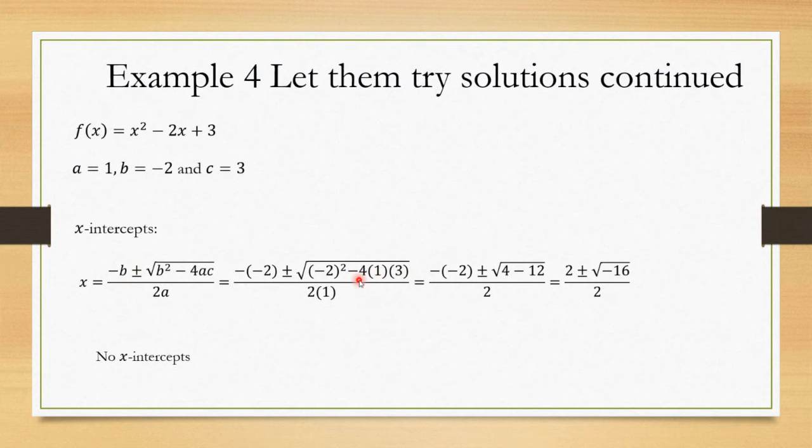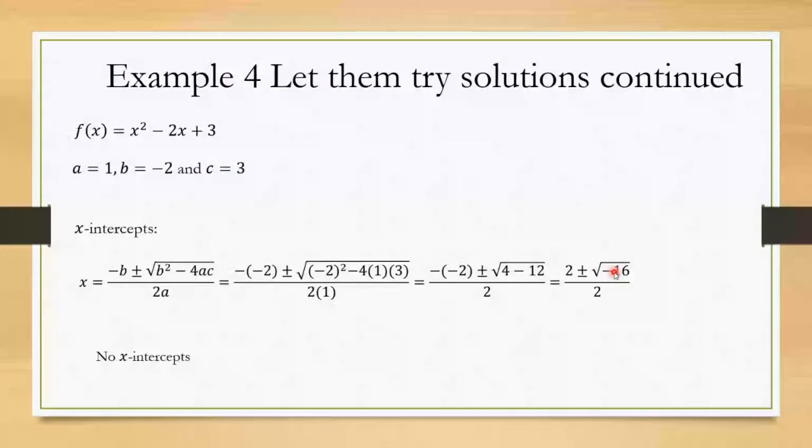Now notice, though, what is this going to be? This is going to be 4 minus 4 times 3, which is 12. So altogether, here we would get 2 plus or minus the square root of negative 16 over 2. Well, you don't take the square root of a negative number, right?